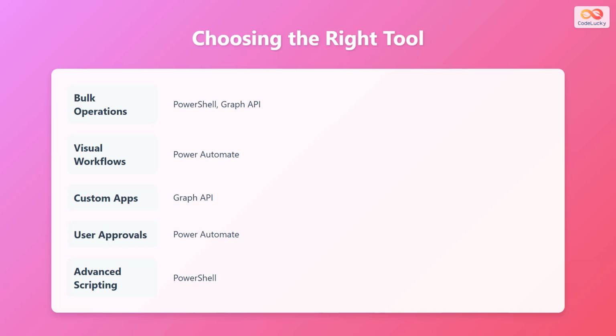For user approval processes such as document approvals or access requests, Power Automate's built-in approval features make it the clear winner. And for advanced scripting scenarios requiring complex logic and error handling, PowerShell remains the most powerful option. Understanding these distinctions will help you choose the right tool for each automation task.